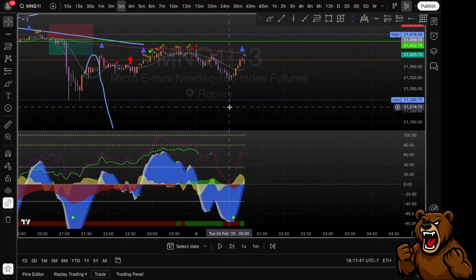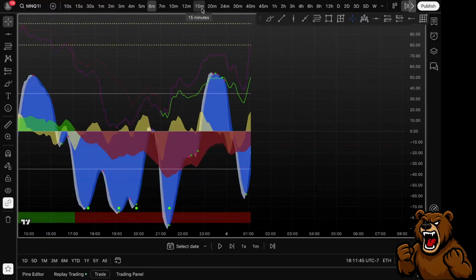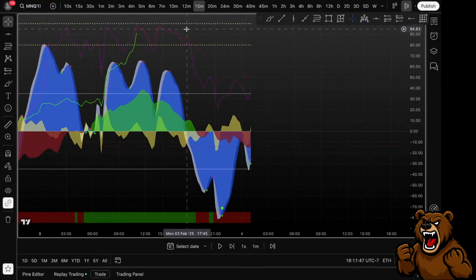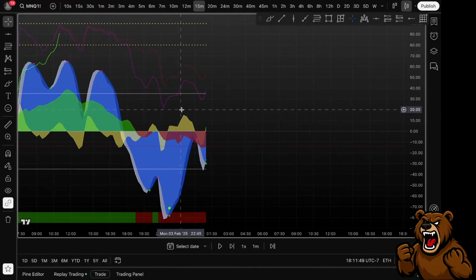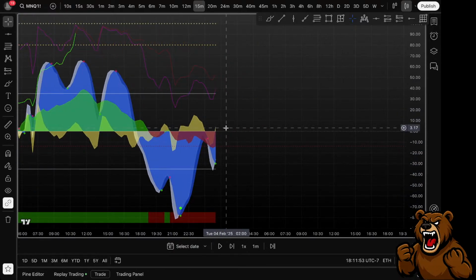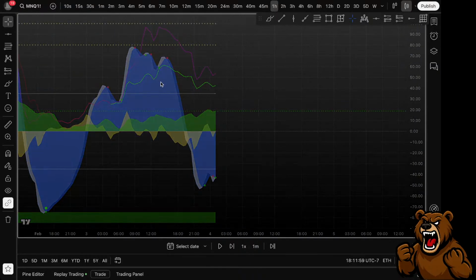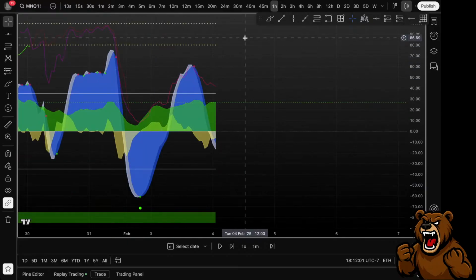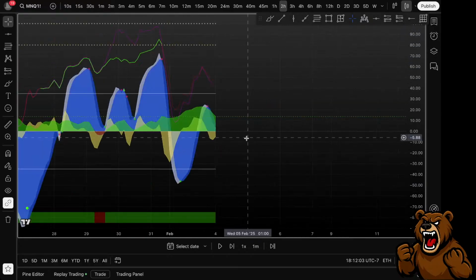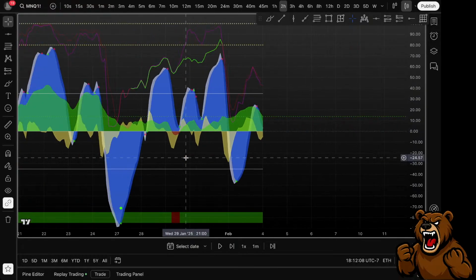All right, so we're moving sideways quite a bit here. I just want to see, has anything changed on the 15? That's an anchor trigger, a little bullish. What's this 2-hour trigger doing? Trying to curve back up.